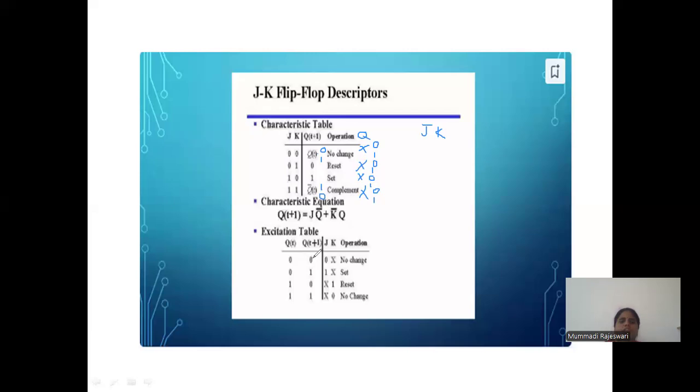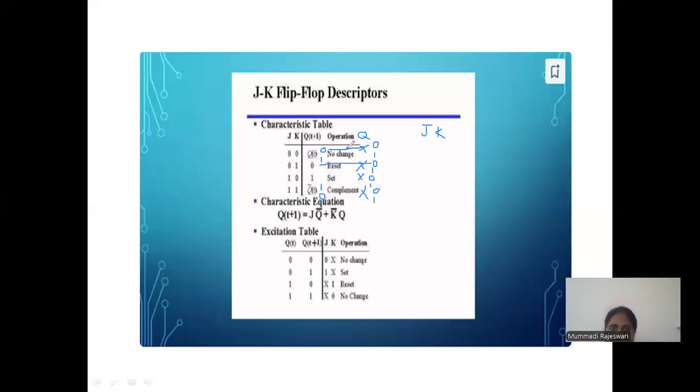Okay. First, take the first condition as 0, 0. See where we are getting the 0, 0. From here to here, because this one is Q and this one is Qn+1. 0, 0 means this is one condition and this one is one condition.